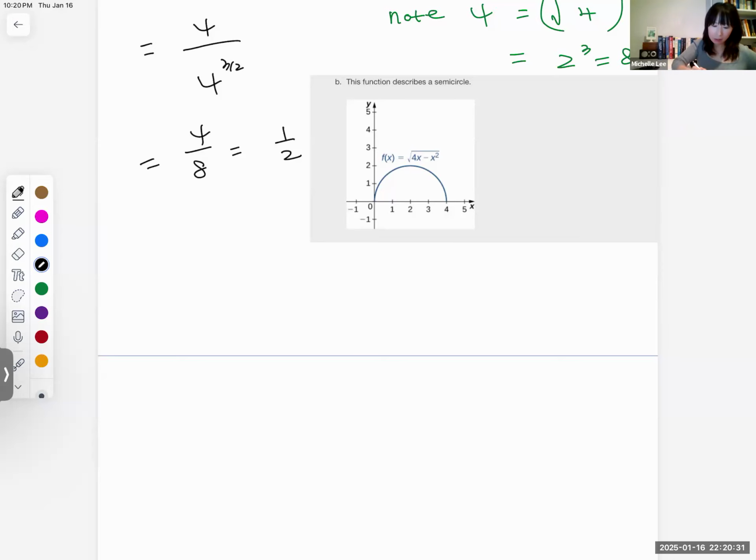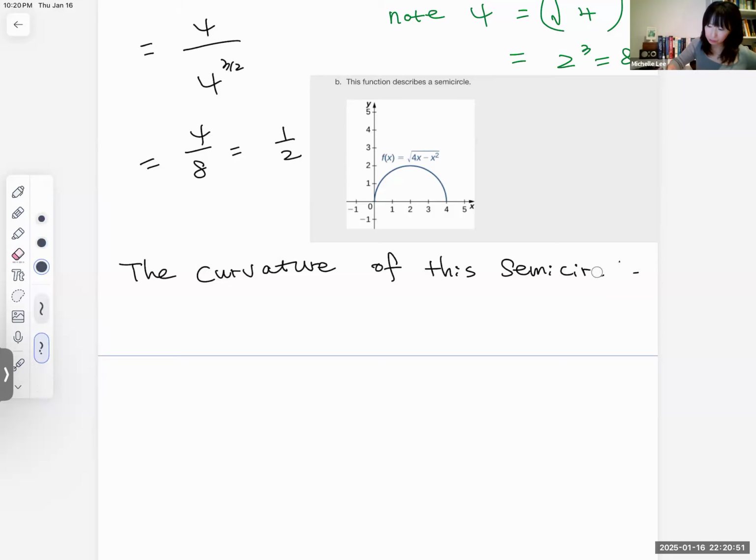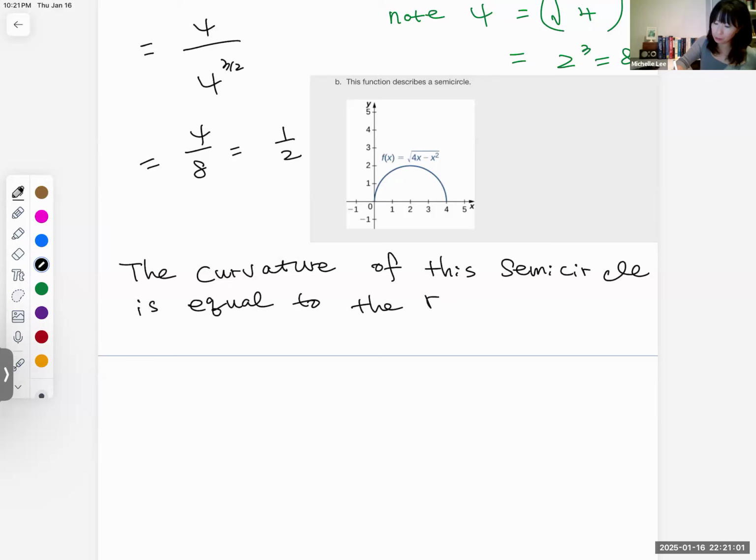Okay, so let me write down the curvature of this semicircle is equal to the reciprocal of its radius.